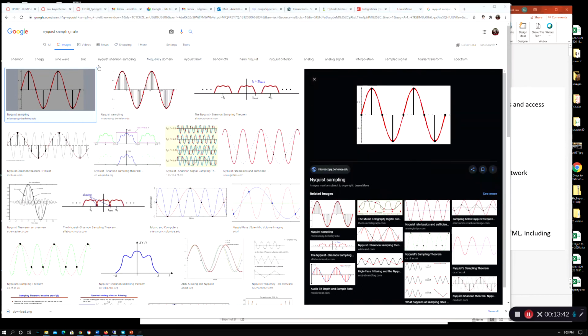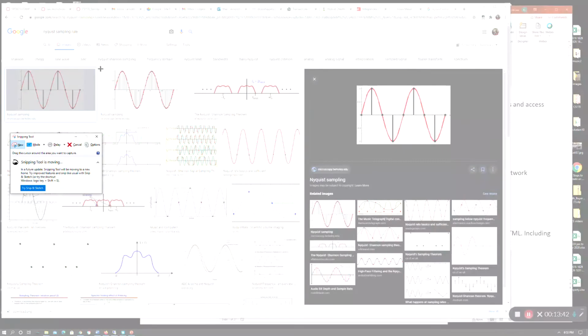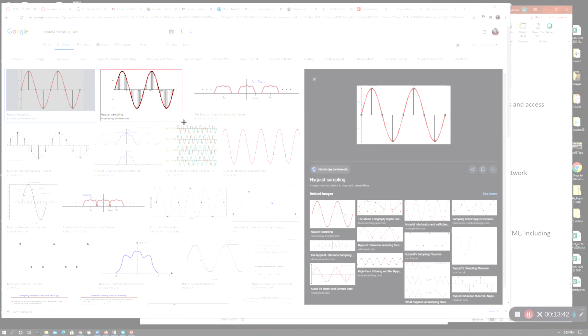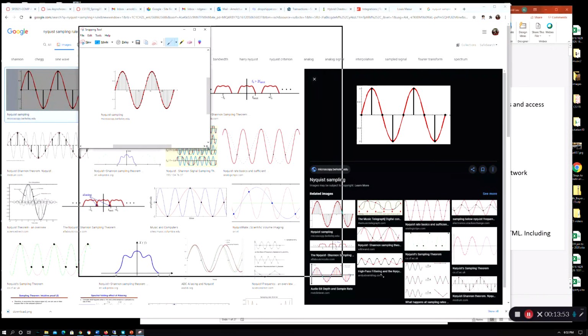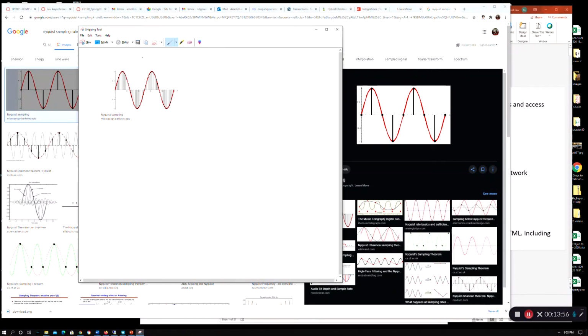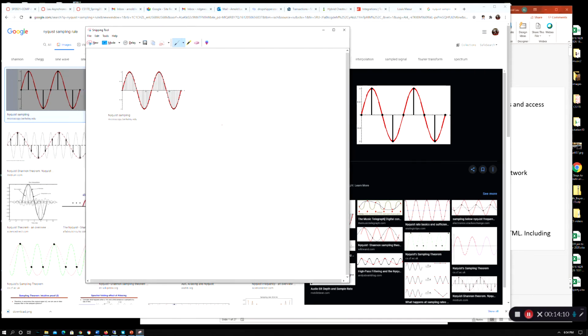So here. But there should be a zoom in here, right? Is there a zoom in here? All right, just in the interest of time, I'm just going to go with this.